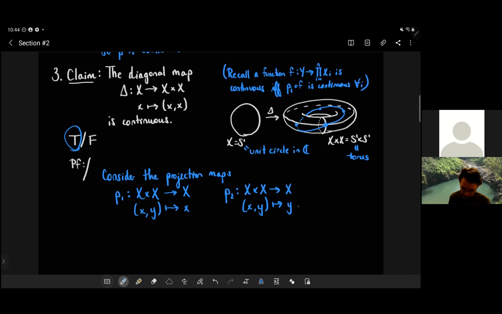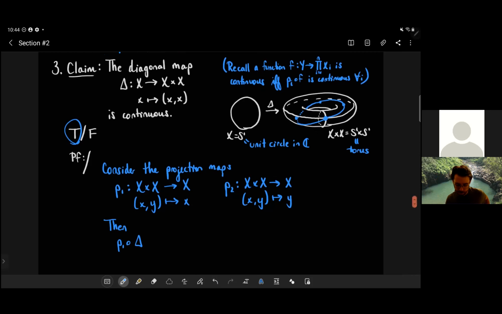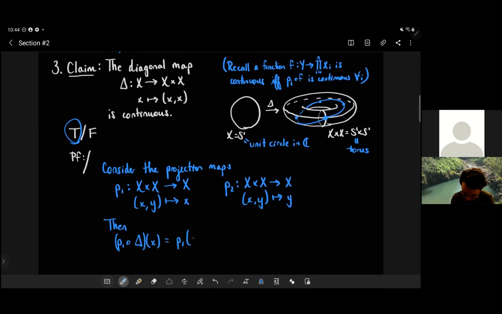So we're considering those projection maps, and I want to show that P1 of f is continuous and P2 of f is continuous. Let's do that. So P1 composed with f. Well, we're really thinking about the diagonal map, so P1 composed with delta of x, right? That's the same as P1 of delta of x.